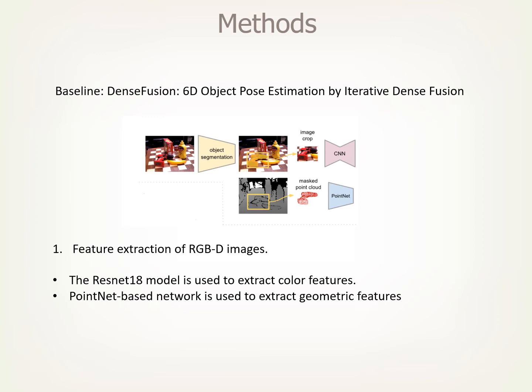The cropped color image is fed into a CNN-based network, ResNet 18, to extract color features. The point cloud, converted from the depth map, is fed into a PointNet-based network to produce geometry features.